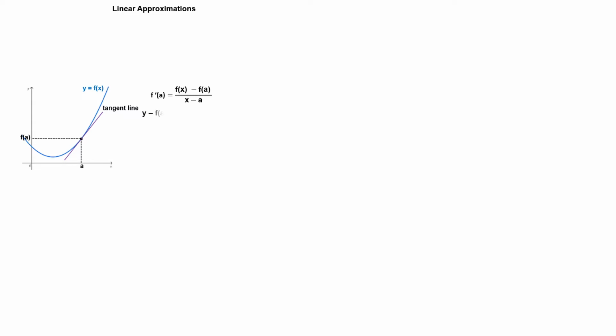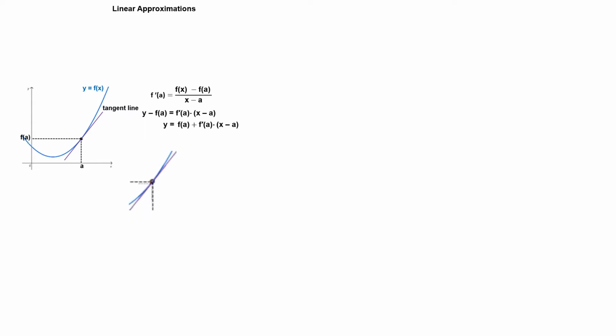We can rewrite the equation above to obtain the equation of the tangent line. At x equals a, the slope of the curve and the slope of the tangent line are f prime of a. In fact, by zooming in toward x equals a, we should notice that the graph looks more and more like its tangent line.